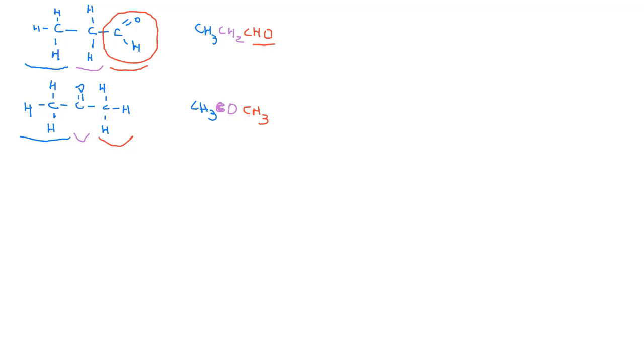So the first alcohol that we need to write the condensed formula for is ethanol. And we perfectly know that ethanol is 2 carbons.